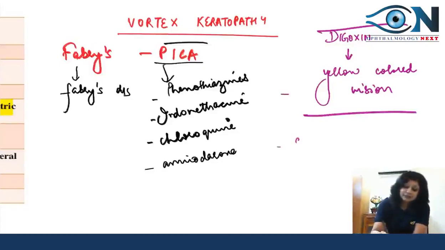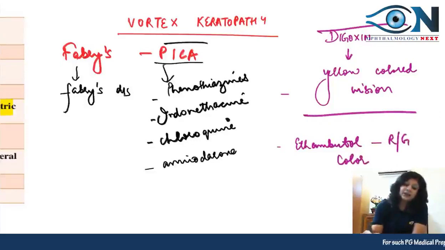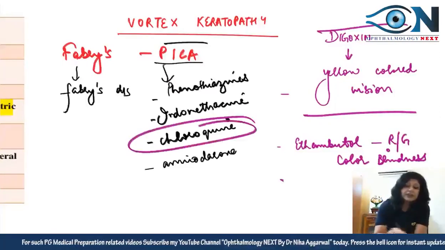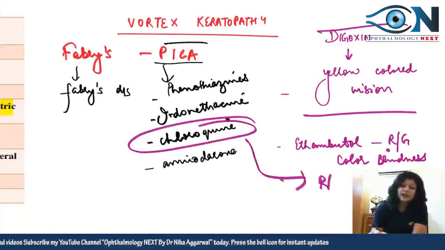Then even your ethambutol also causes red and green color blindness. Then if you see this chloroquine, it is also causing the red and green defect.